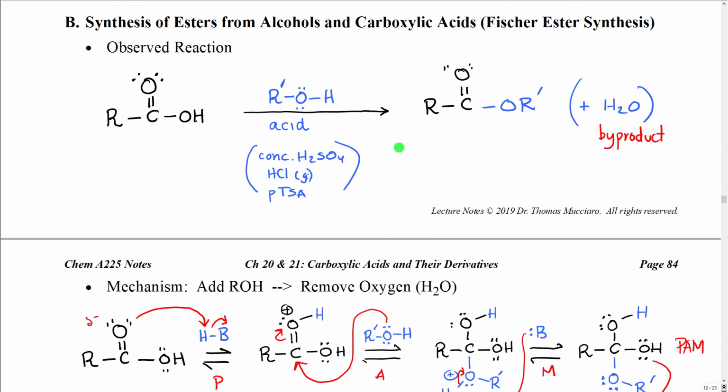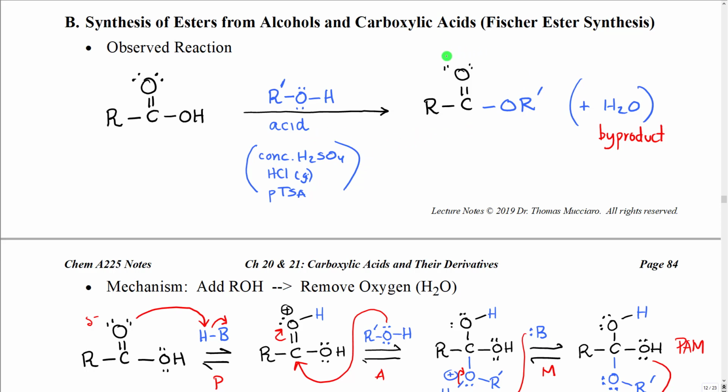Esters are interesting because they can also be synthesized directly from carboxylic acids. In other words, we don't necessarily have to start with a derivative and do SNAC. In this case, we would mix the carboxylic acid directly with the alcohol, and we would put in an acid catalyst. And by acid, again, what we mean is a strong acid without water.